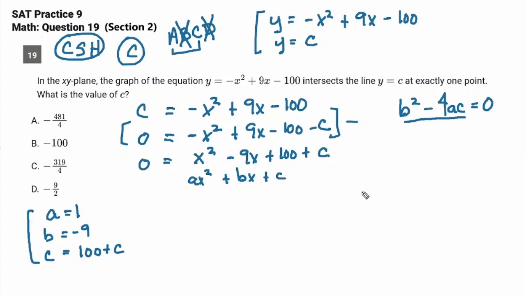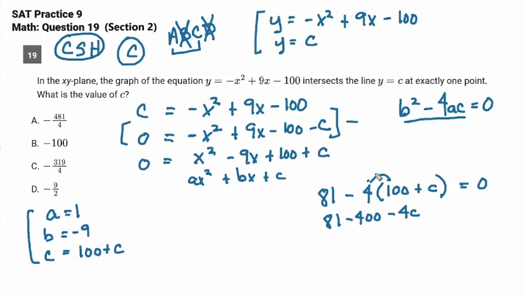So what's b squared? It's negative 9 squared, 81, minus 4 times a, 4 times 1, which is 4, times c, so times 100 plus c, equals 0. Got to distribute here. 81 minus 400 minus 4c equals 0.